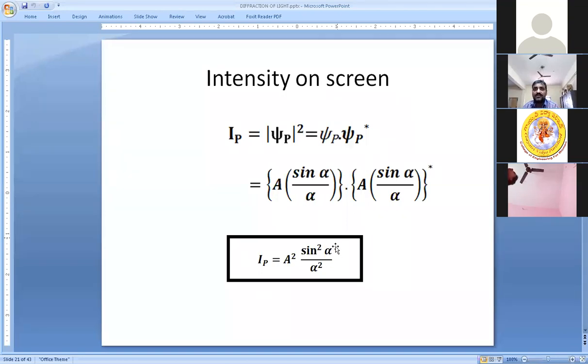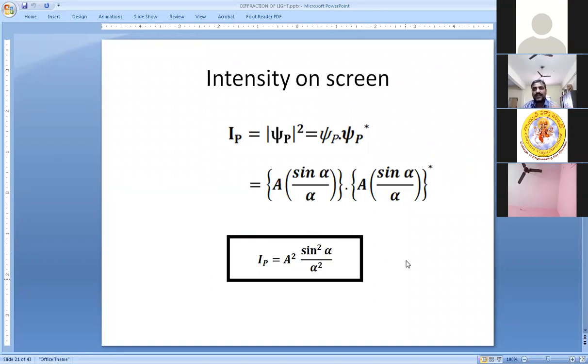That's why this alpha indirectly contains the variable theta, which explains the resultant intensity on the screen at any desired point. It's not just valid for P, it can be extended to any point on the screen. That is the greatness of this expression. It tells you the entire intensity on the screen just by varying alpha according to theta.